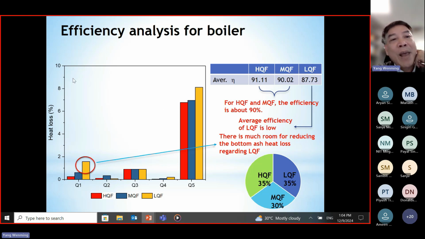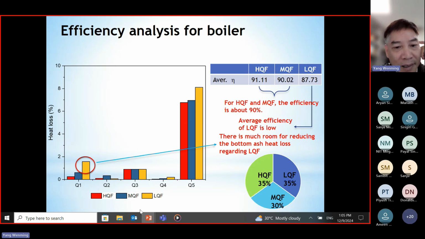So by comparing, we can see this one is a high quality fuel, medium quality fuel, and low quality fuel. We can say the stack loss is the biggest one, accounting for about 6.8% up to 8.2%.